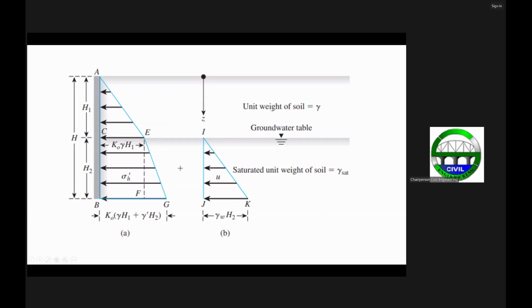We only have active pressure if there is wall movement, for example. But for the moment, let's assume the wall is not moving. So this is just at rest earth pressure, K sub O, because for active earth pressure this is K sub A, and for passive earth pressure this is K sub P.